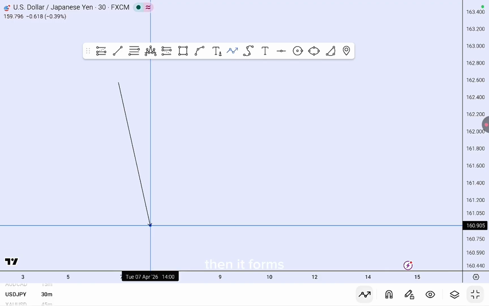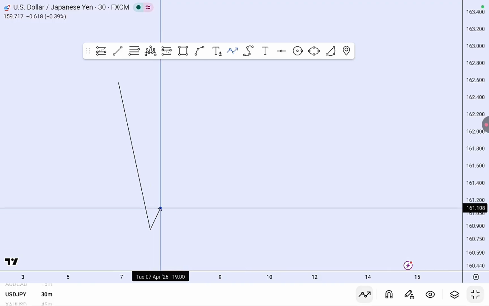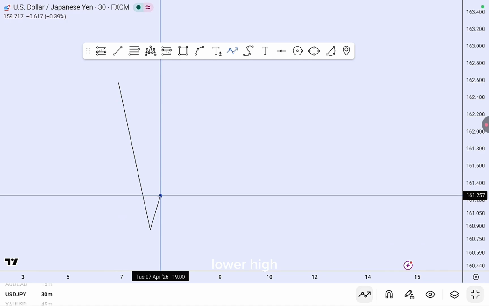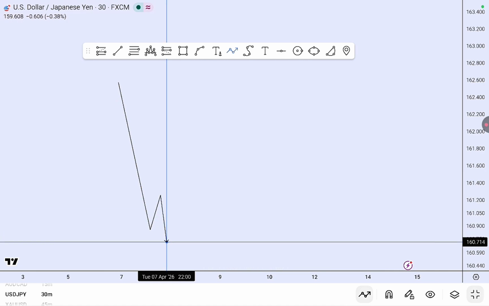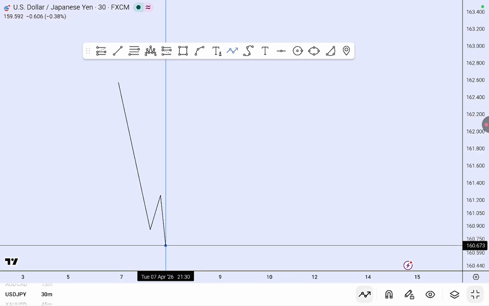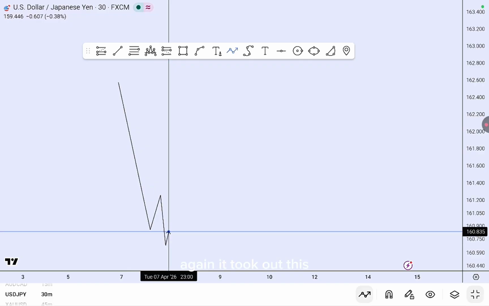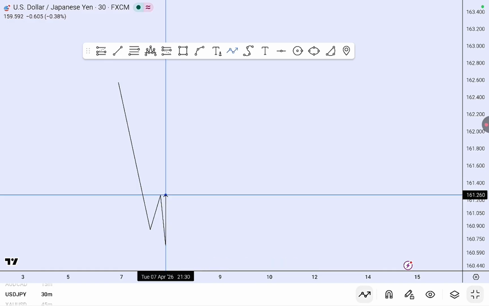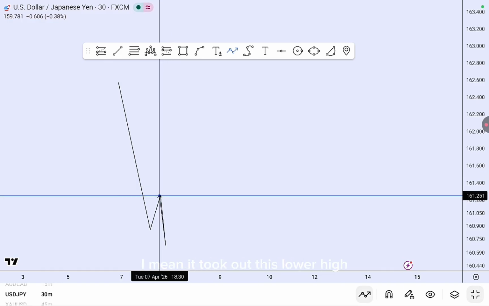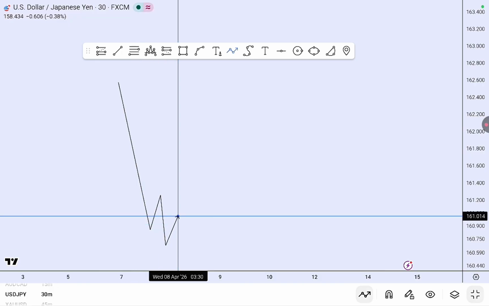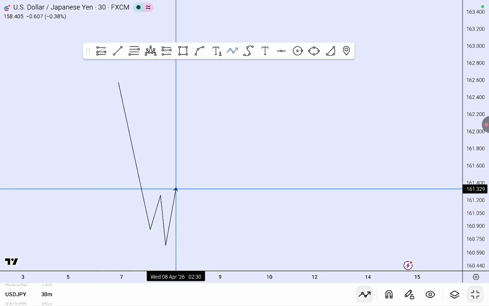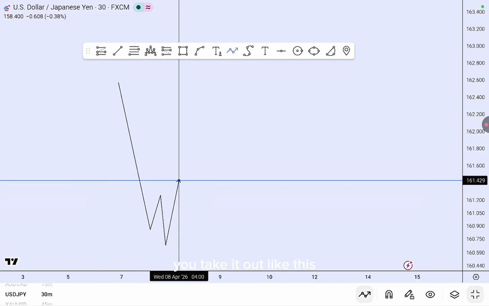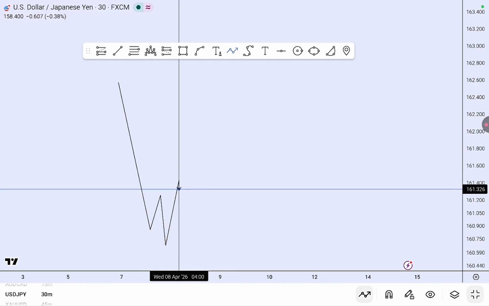Then it forms a lower high, then a lower low, and again it took out this lower high. It took it out like this, then forms an inducement.